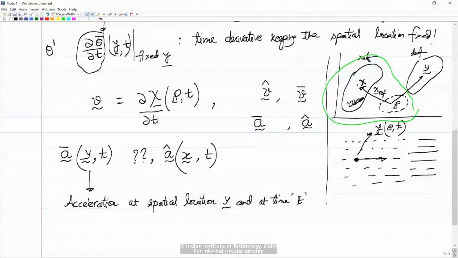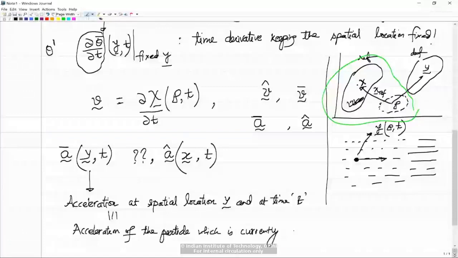So it is equivalent to saying acceleration of the particle which is currently at y at time t.